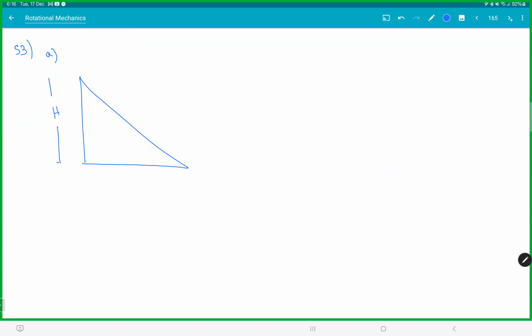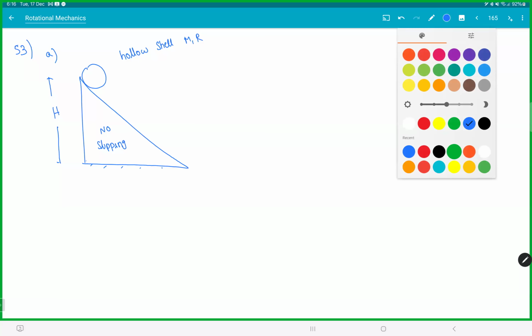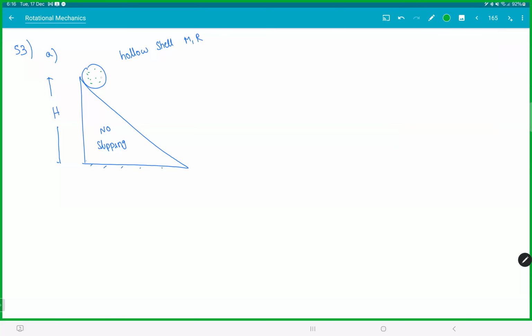We have height h. There is no slipping. We have a hollow shell, mass m, radius r. It is filled with non-viscous water. Non-viscous meaning there is no friction. Mass is small m.